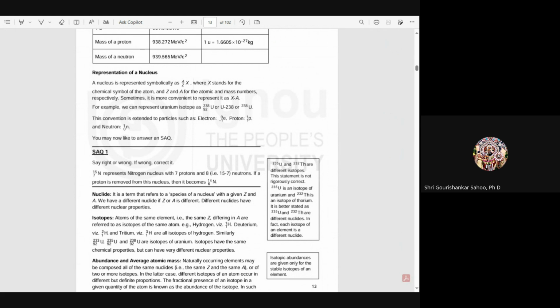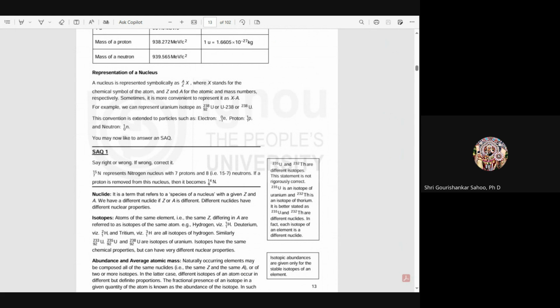It can be represented as uranium-238-92, where 238 is its mass number and 92 is its atomic number. Or you can just write uranium-238, where 238 is the mass number and you do not represent the atomic number, and you can write it as U-238.